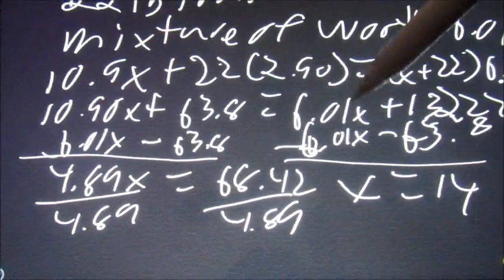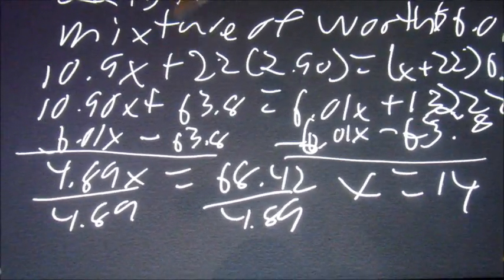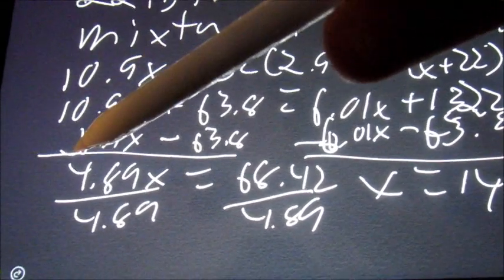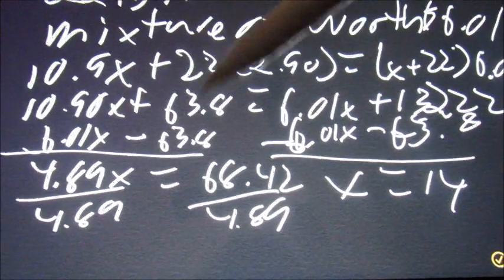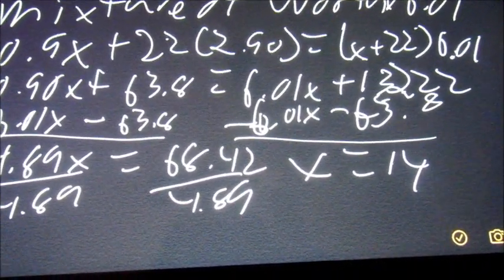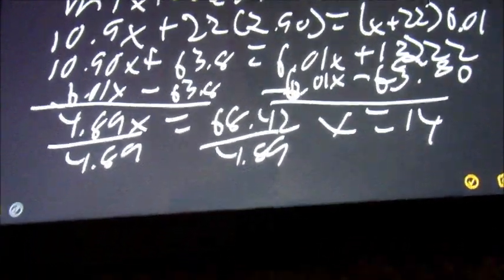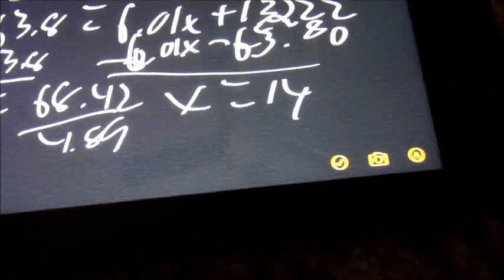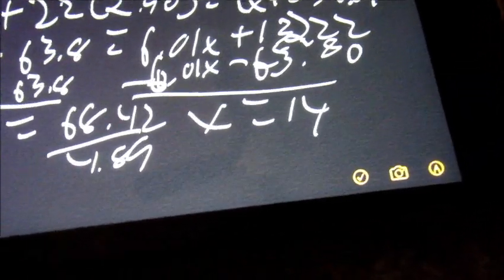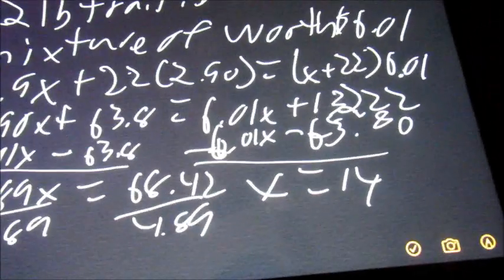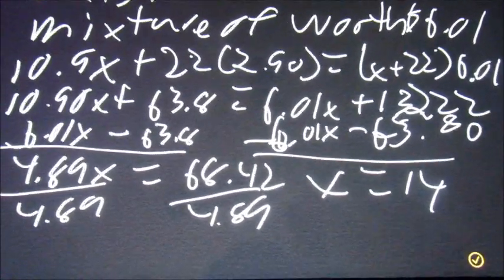So I'm subtracting 6.01x from both sides and 63.8 from both sides, which will give me 4.89x equal to 68.42. And when I divide both sides by 4.89, I'm going to get that we have 14 pounds of chocolate that we need to add. And that is it for section 3.3.